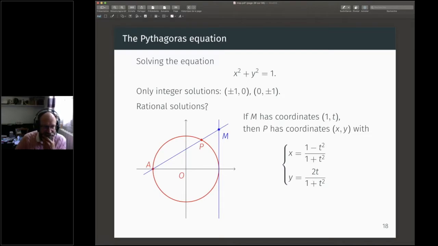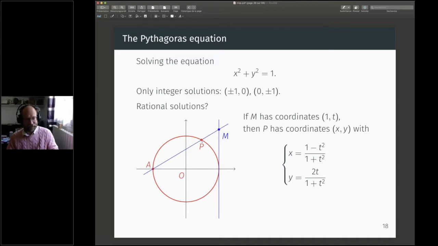And conversely, if I take a point P here which has rational coordinates, and I draw the line AP, it will cross this vertical line at the point M. If the point A is (minus 1, 0) and P has rational coordinates, then the usual rules to construct the equation of a line will give me an equation which has only rational numbers as coefficients.